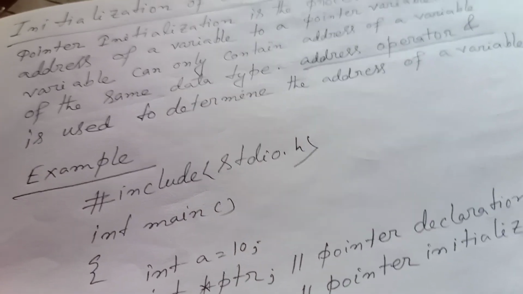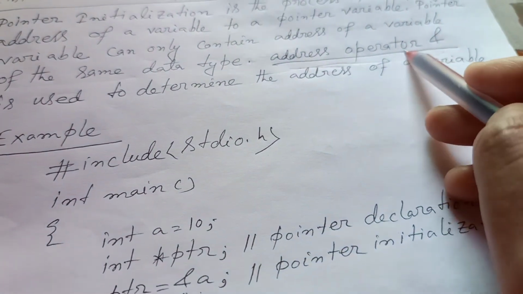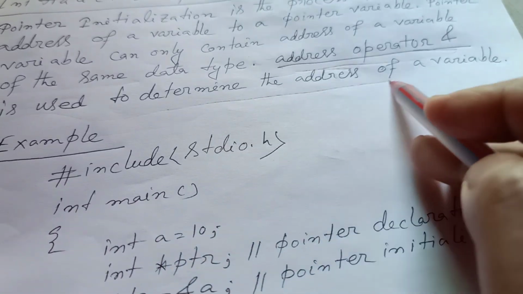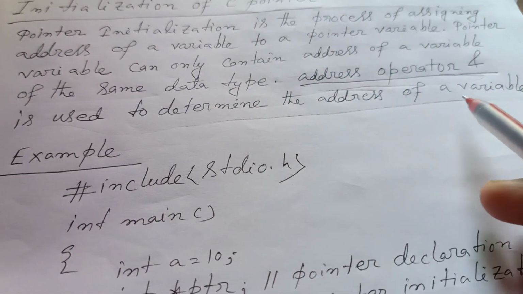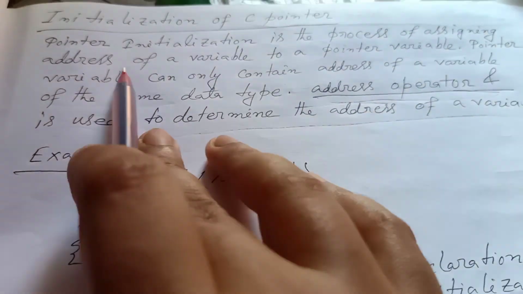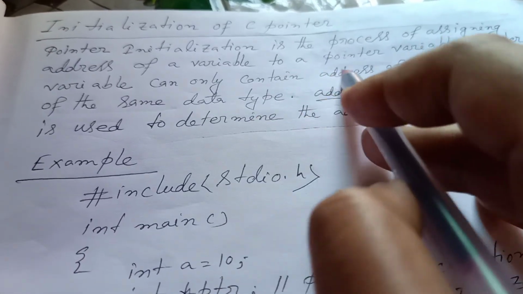The address operator ampersand is used to determine the address of a variable. So pointer initialization is the process of assigning the address of a variable to a pointer variable.